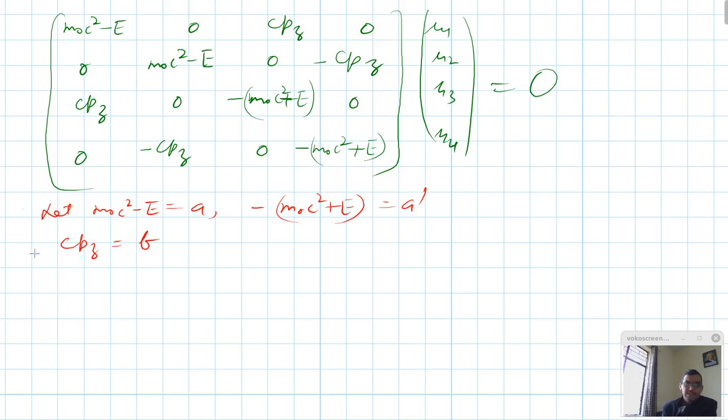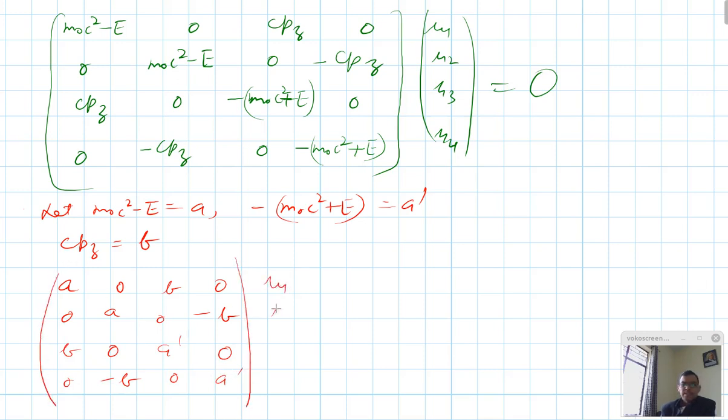So our matrix becomes A 0 B 0, 0 A 0 minus B, B 0 A prime 0, 0 minus B 0 A prime, it is U1 U2 U3 U4, that's equal to 0, right?